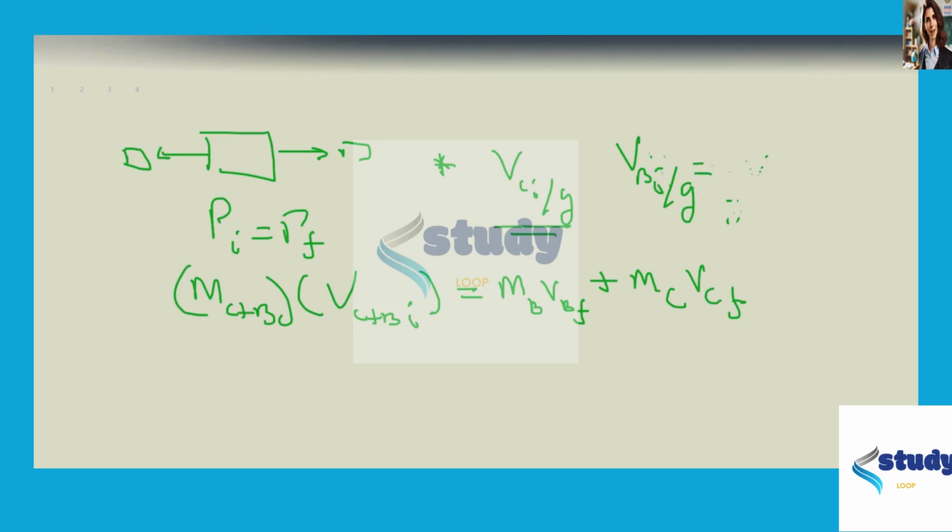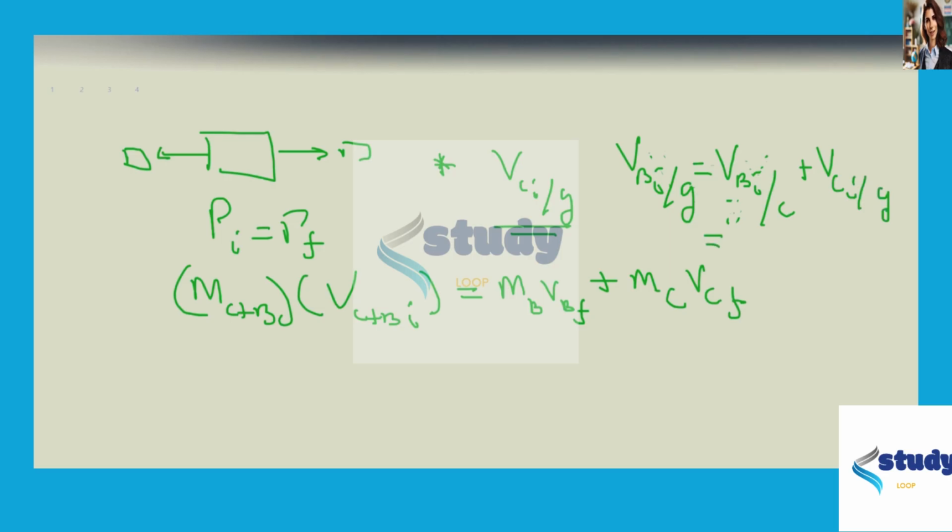So this is V initial relative to the car plus the velocity of the car relative to the ground. Yes, that's what it is.